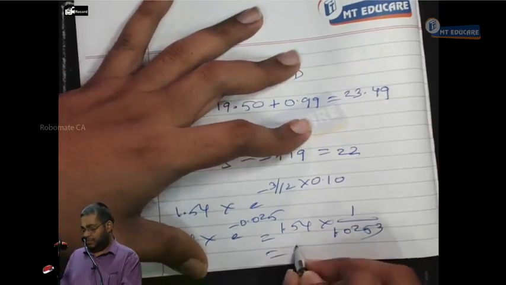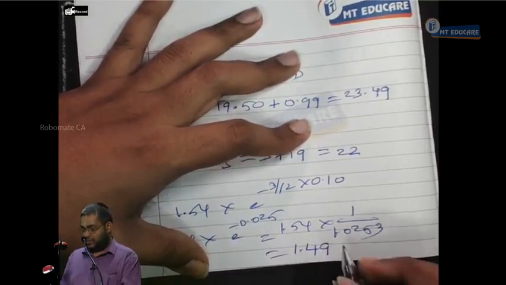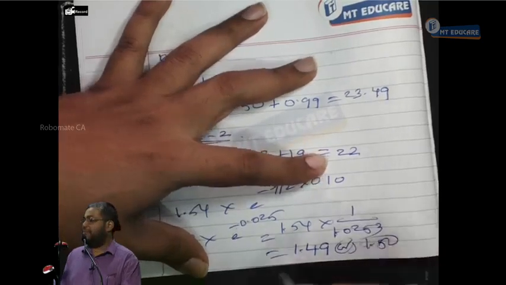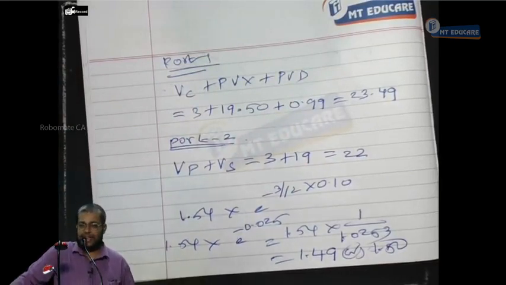What is the number here? 1.5049 or 1.50. Don't fight here. 1.50 or 1.49 as the case may be. Everybody finished writing it or not?